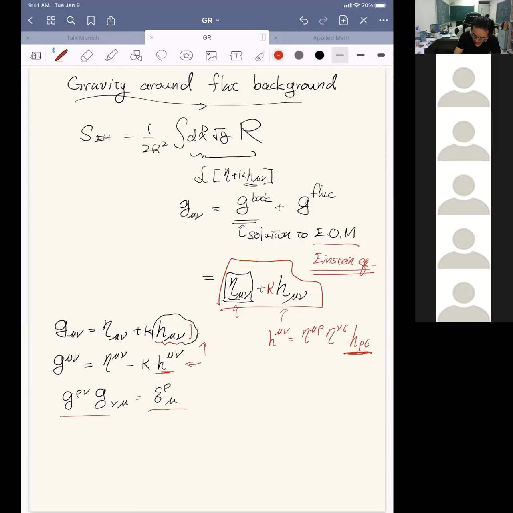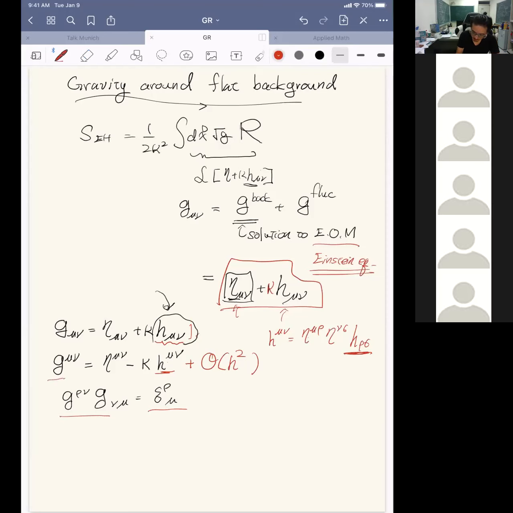So if you start with the linear perturbation here, then your inverse metric, your upper metric, is going to have terms of higher order. There's going to be an infinite order expansion in h for the inverse metric.